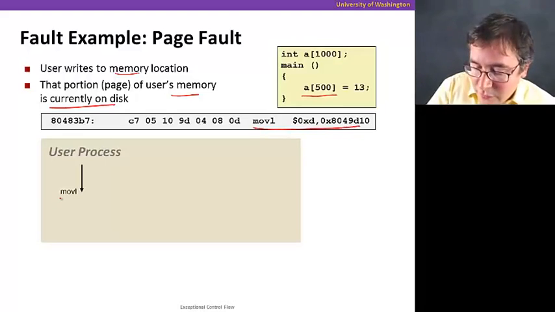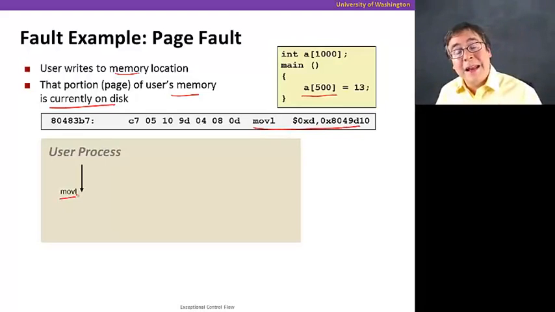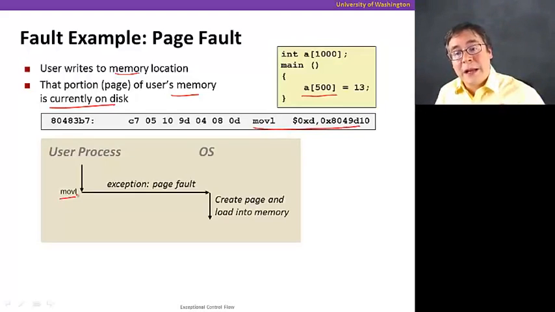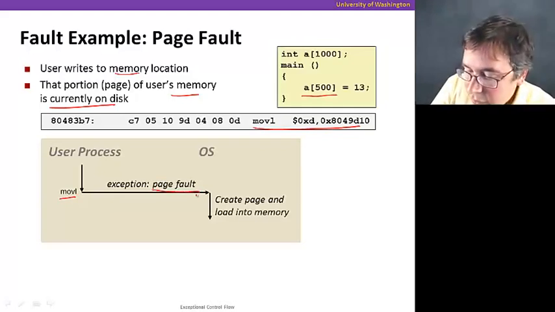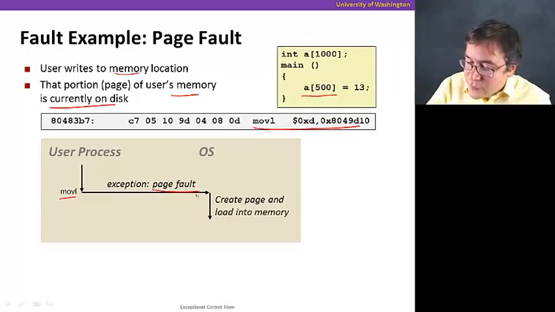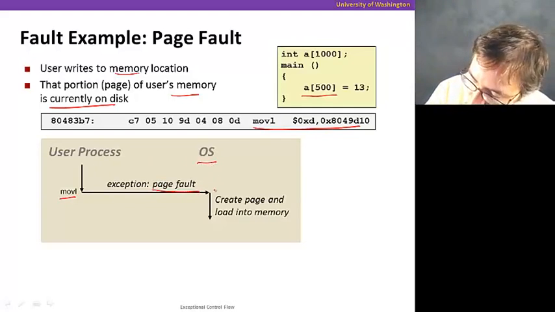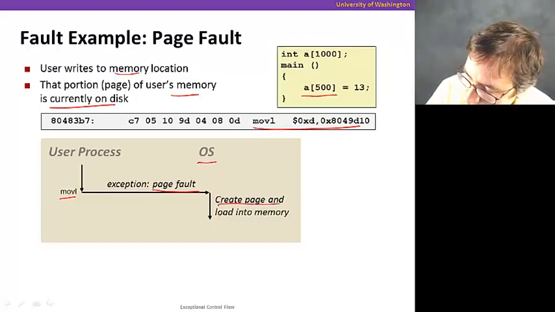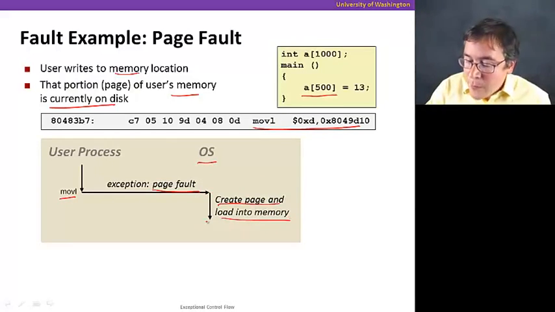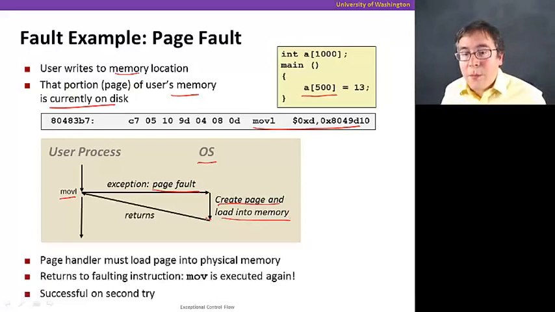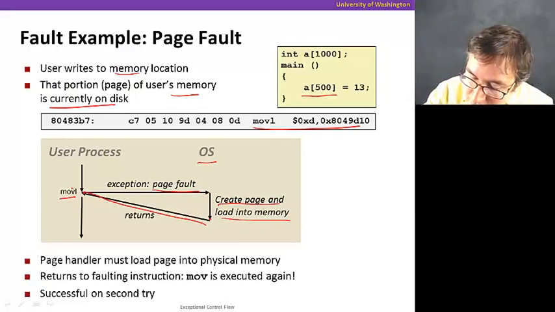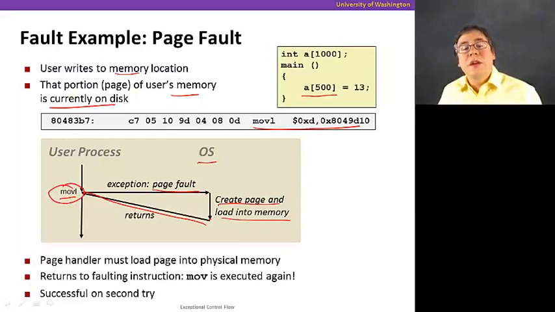Whenever you execute that instruction, if the page is not in memory yet, this leads to what we call a page fault exception. That transfers control to the operating system, which is going to create the page and load it into memory. Whenever that's done, note that the difference now is that it's going to re-execute the memory access, because now the page is there, so we can actually execute the memory access.